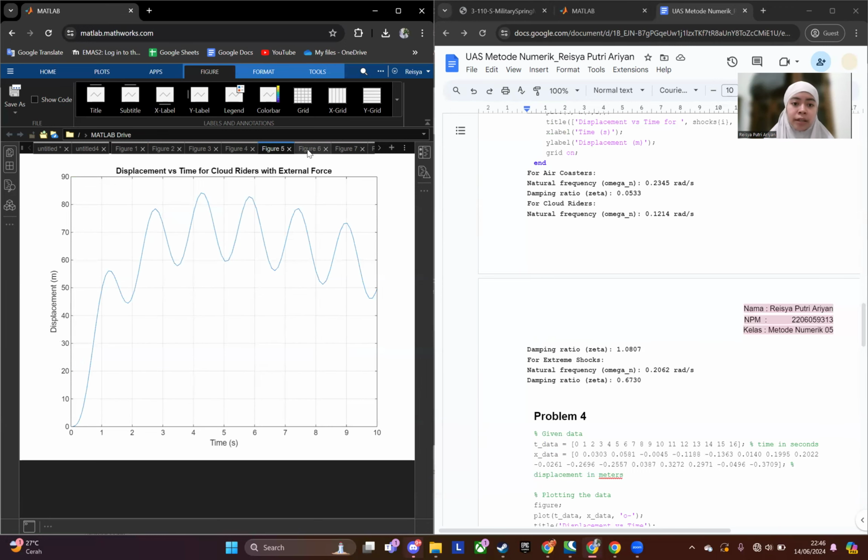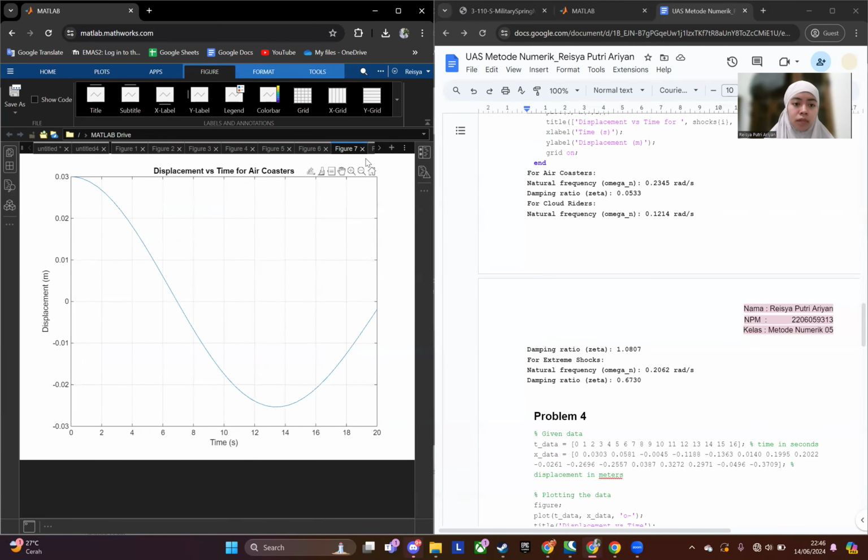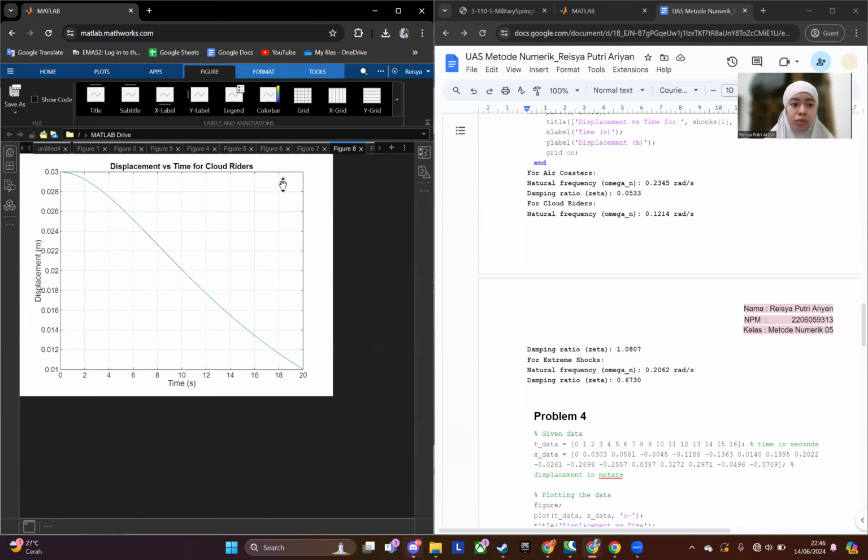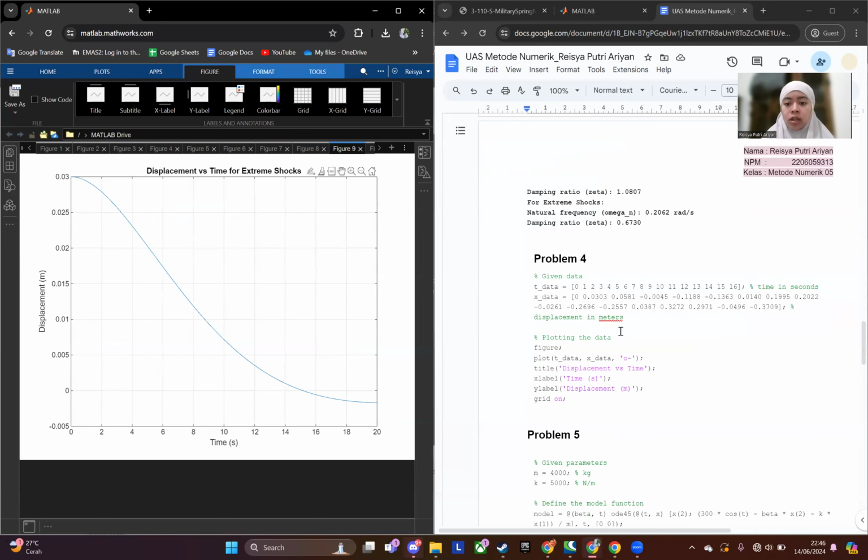We have the graph like this, the Cloud Riders is this, and the Extreme Shock is this.